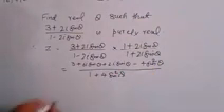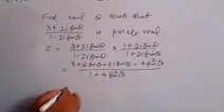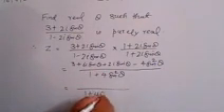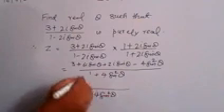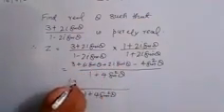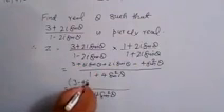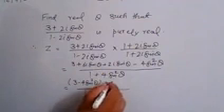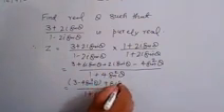Now simplifying the terms, you have 1 plus 4 sine square theta in the denominator, and the real part is 3 minus 4 sine square theta, and you have 8i sine theta.